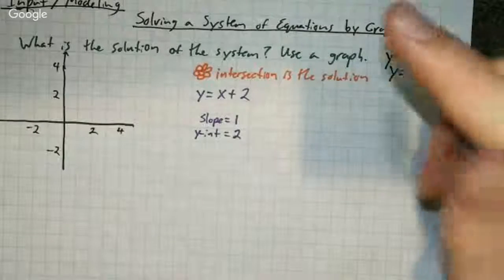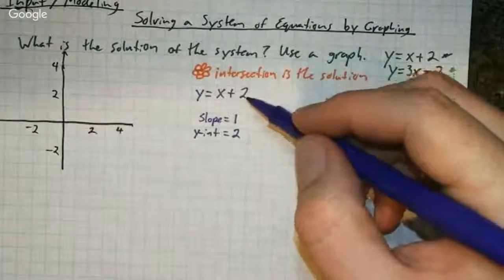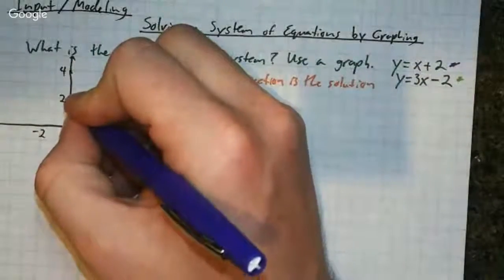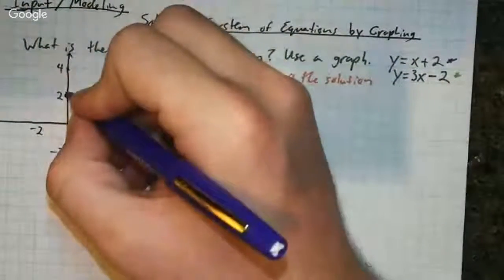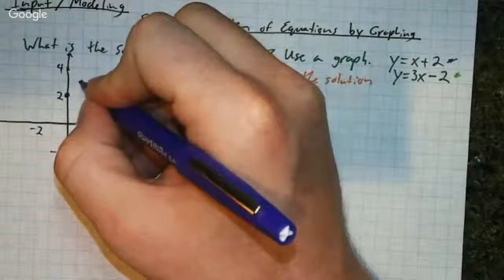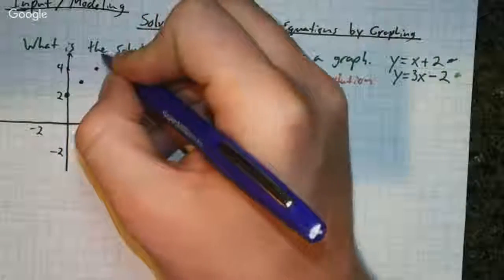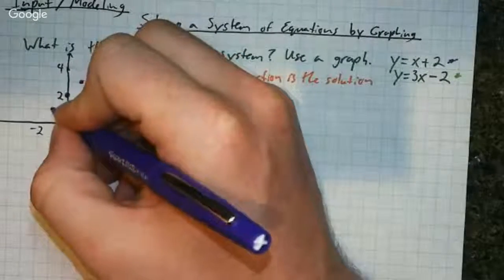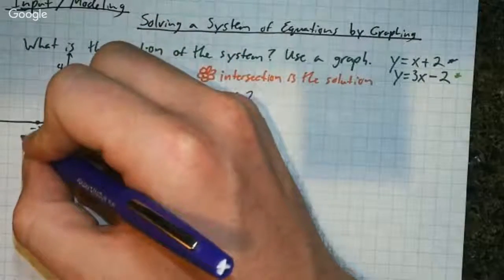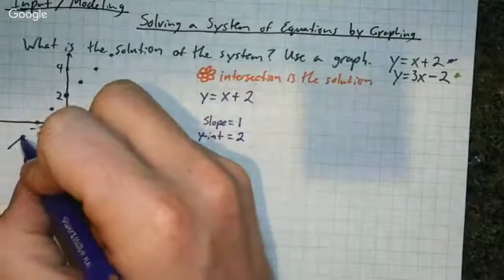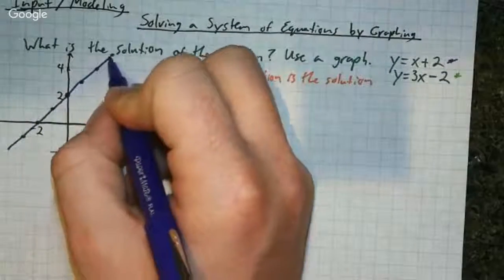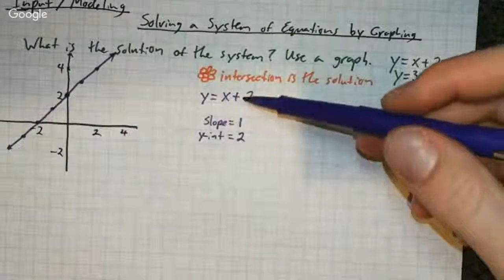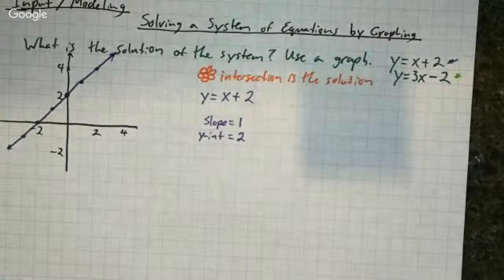So I can go ahead and graph this equation by finding the y-intercept. That's 2. The slope is 1, meaning I'll go up 1 over 1, up 1 over 1, or down 1 over 1, and then I just connect those, and that's my graph for my first equation.